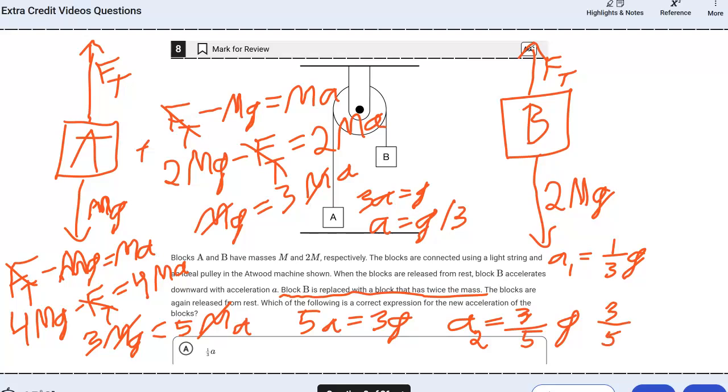The g's are in both expressions, so they become essentially irrelevant. And 3/5 divided by 1/3 would be 9/5. So our answer would be 9/5 A.